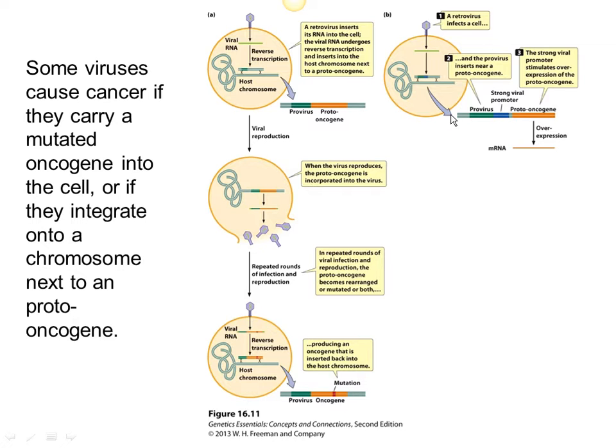Remember, the host cell might be trying to fight this off, the virus is trying to win. So the virus has very strong promoters. Well, if that strong promoter inserts on a chromosome near to one of your normal proto-oncogenes, it can lead to overexpression of that proto-oncogene, and overexpression, too much of a proto-oncogene, leads to cancer.